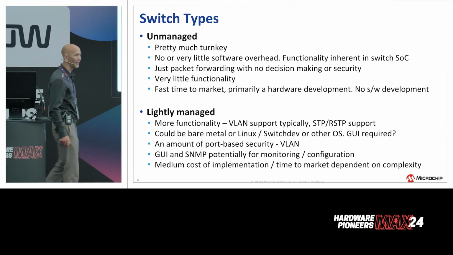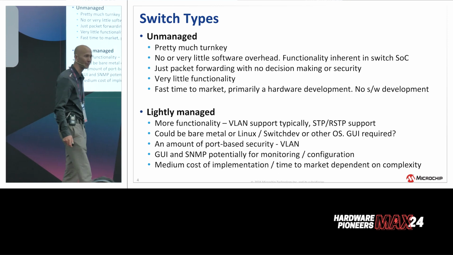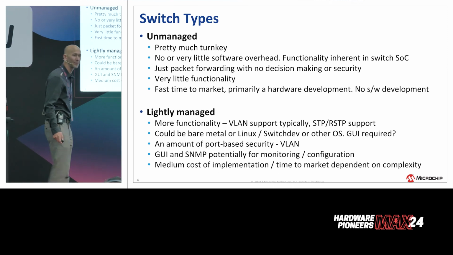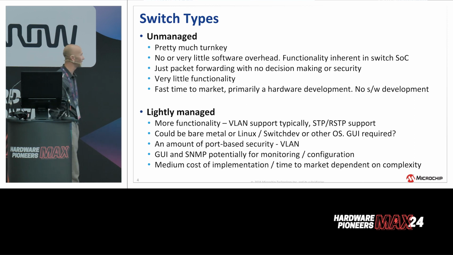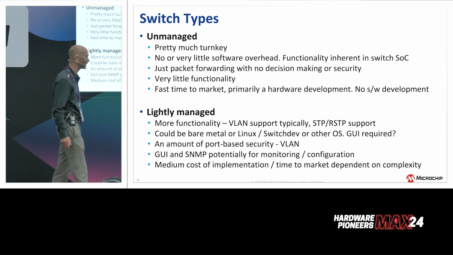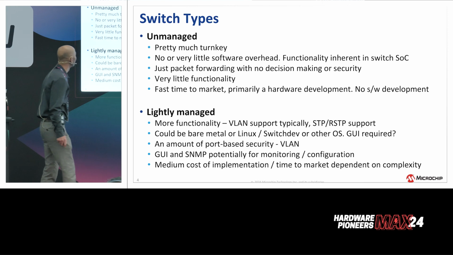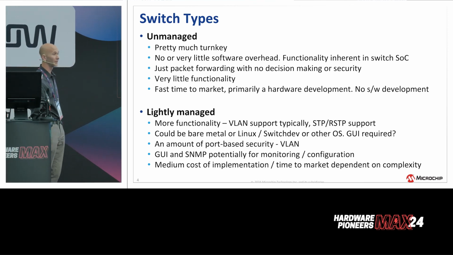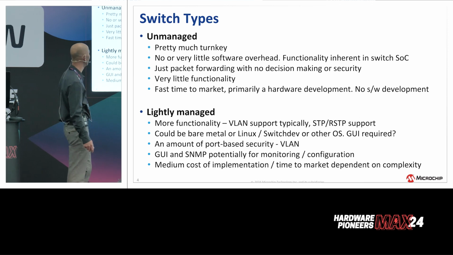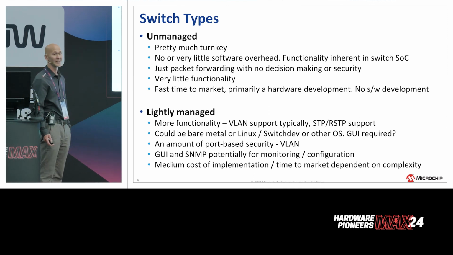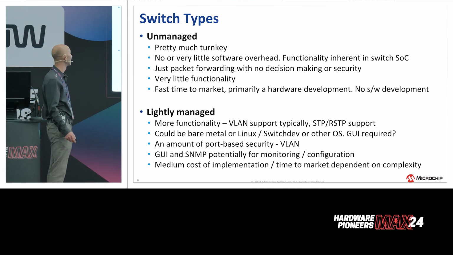So, have we all had an unmanaged switch on our desk at some point in the past when you're doing some development on TCP/IP? Generally, plastic housing, probably from Amazon for 10 to 15 pounds. To design one of those, it really is just silicon, hardware design. There's no or very little software. The functionality is inherent in the silicon.